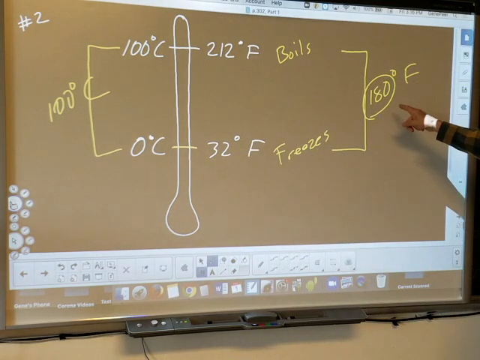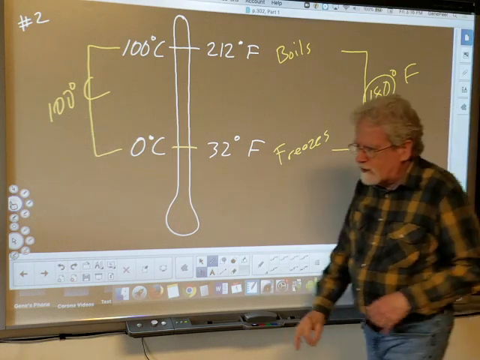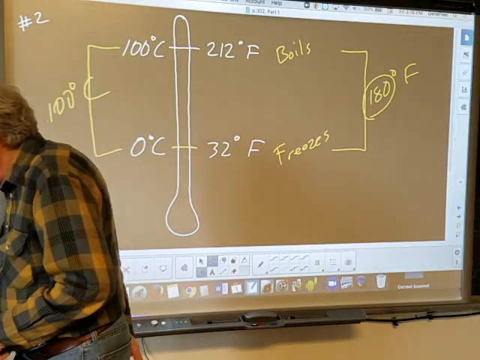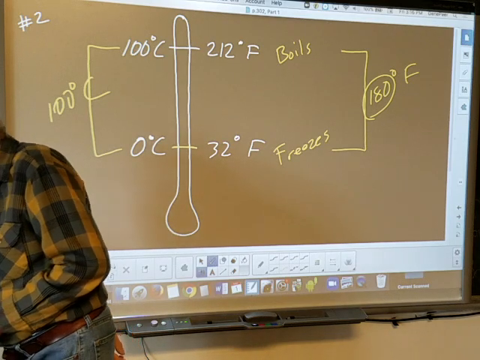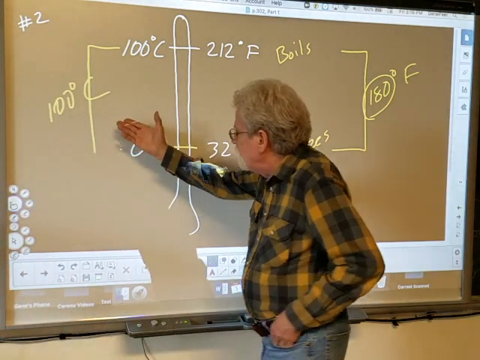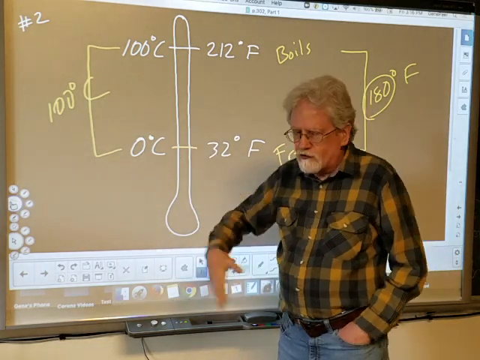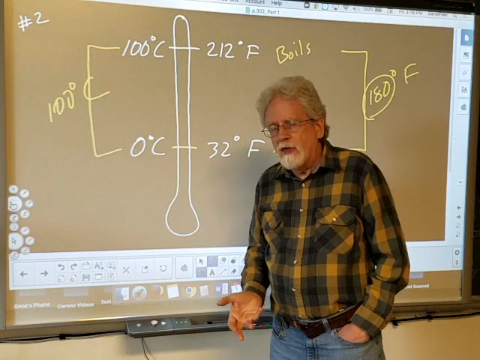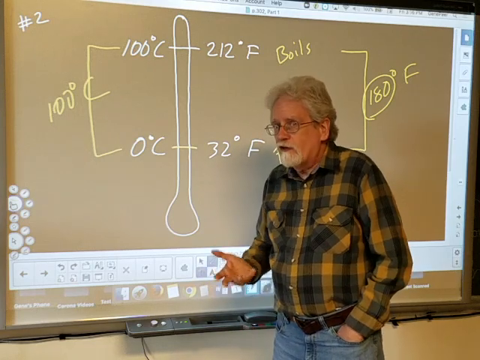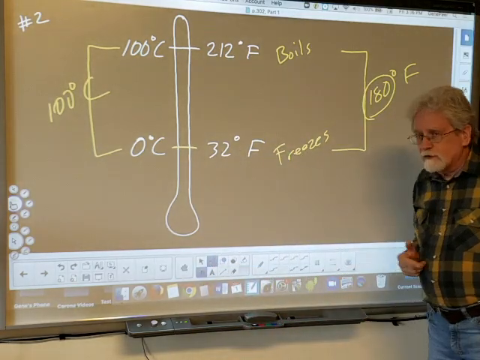So a degree Fahrenheit is smaller than a degree Celsius. What's that mean for number 2 then? Which is greater? An increase in temperature of 1 degree Celsius or 1 degree Fahrenheit? 1 degree Celsius is the larger increase. Celsius degrees are almost twice as big as Fahrenheit degrees.